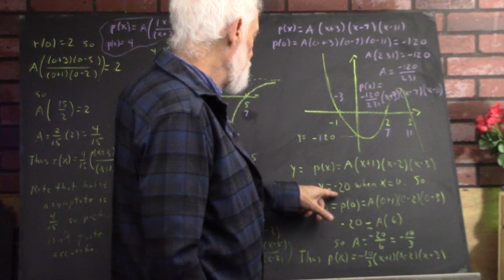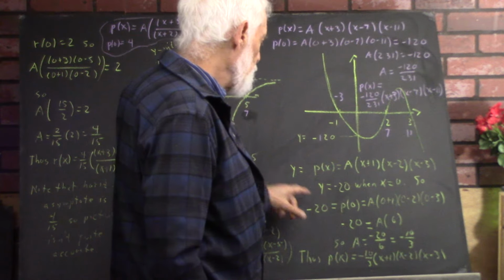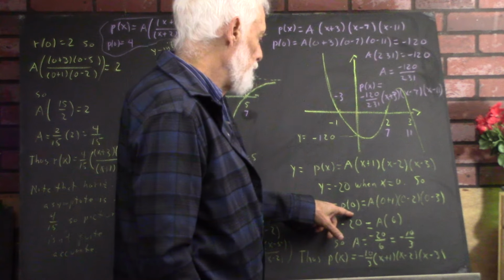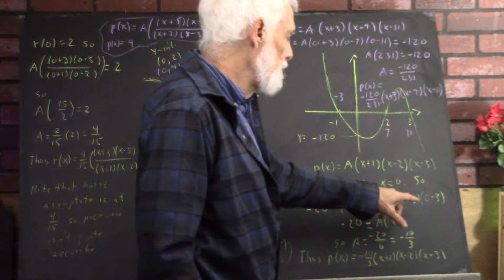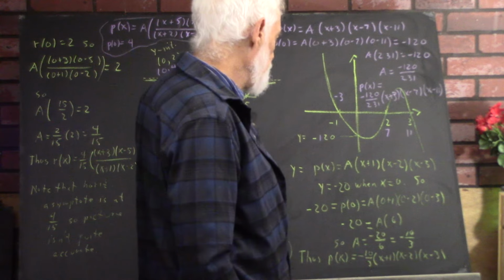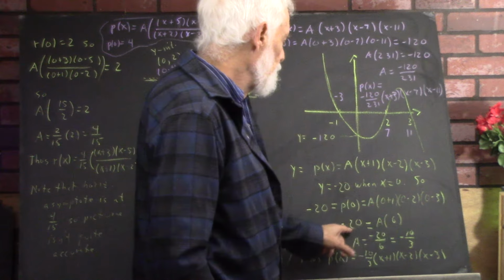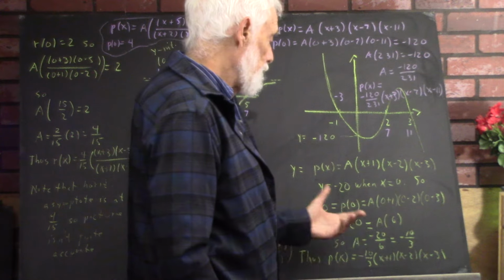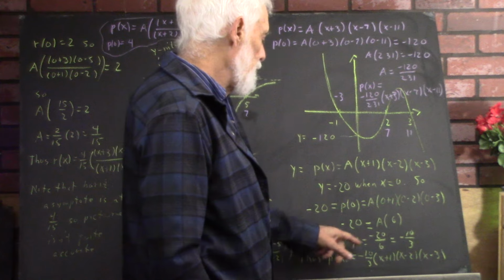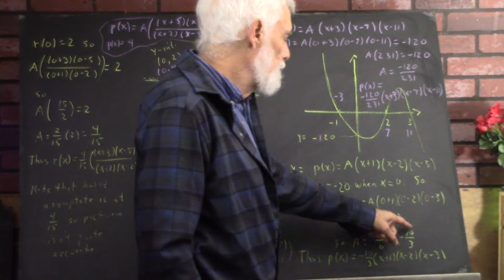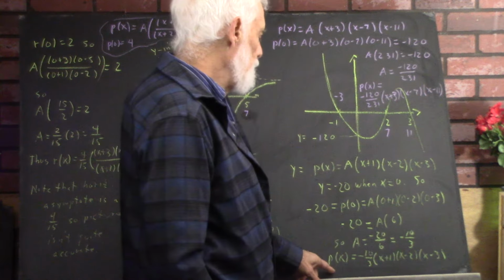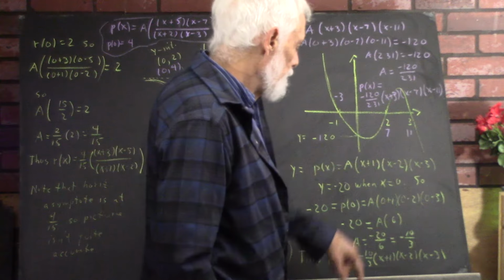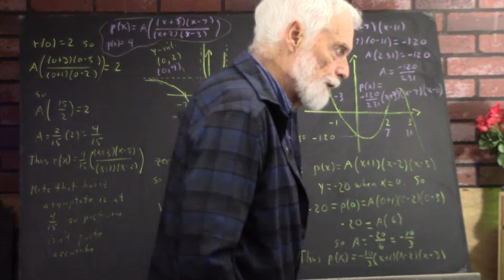If y is -20, then you have -20, which is your p of 0, incidentally. -20 is p of 0, and that's a times 0 plus 1, 0 minus 2, 0 minus 3. So that -20 equals a times 6. Well, you can easily solve that. Divide both sides by 6. You get a equals -20 over 6, which is -10/3. So your p of x is -10/3 times, again, your x plus 1, x minus 2, x minus 3.